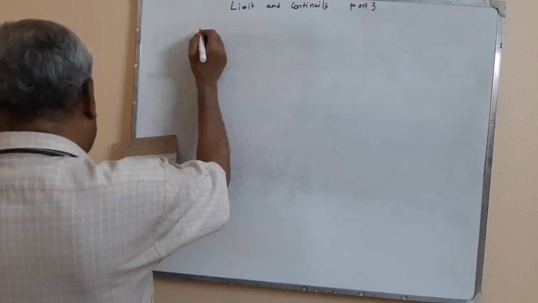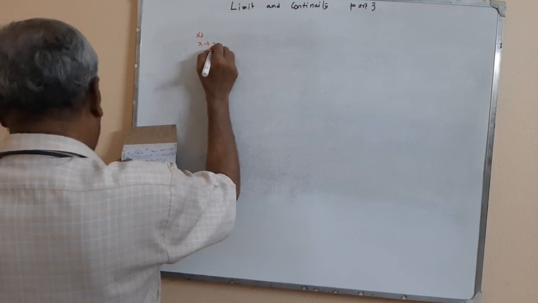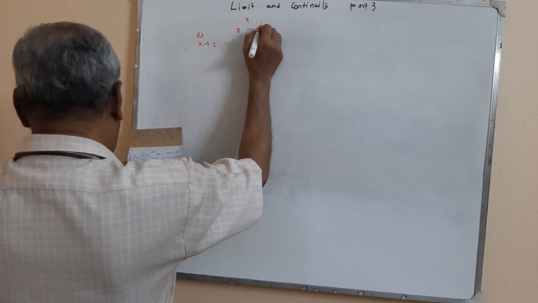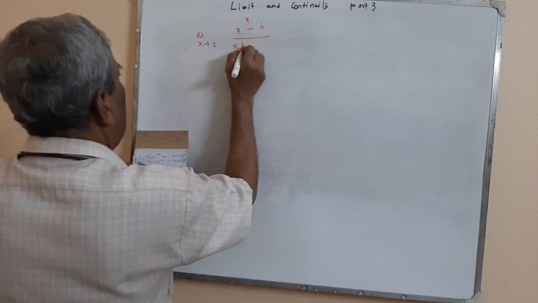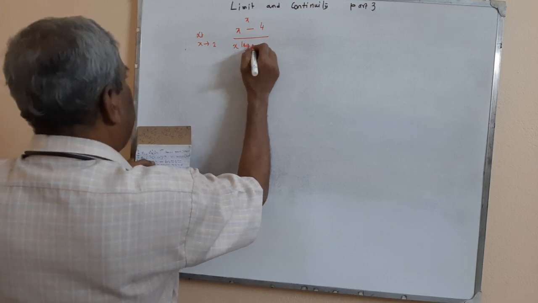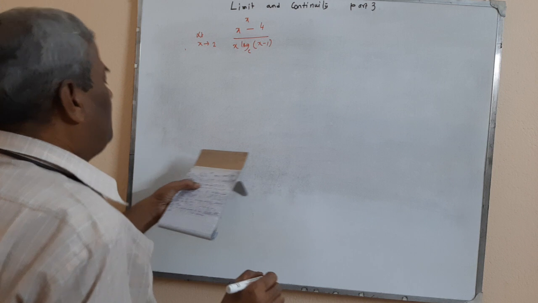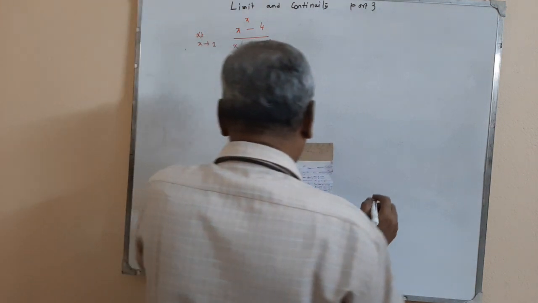The limiting value of, as x tends to 2, (x to the power x minus 4) divided by (x log x minus 1), of course base is e. Find its limiting value.